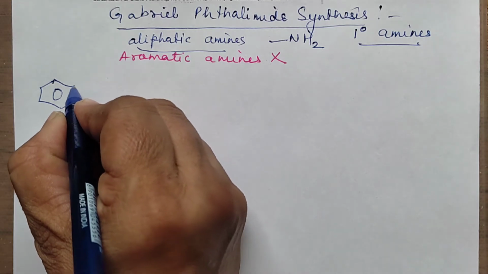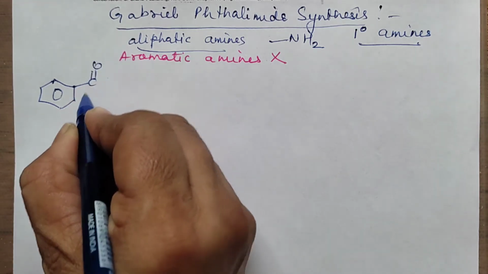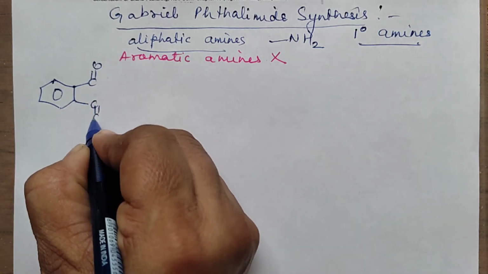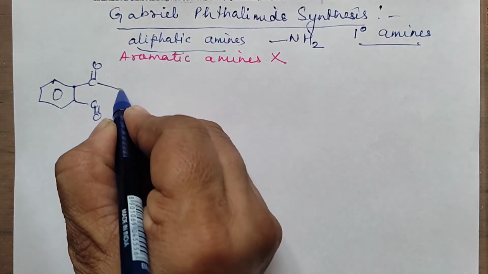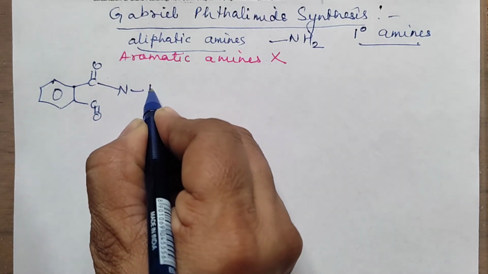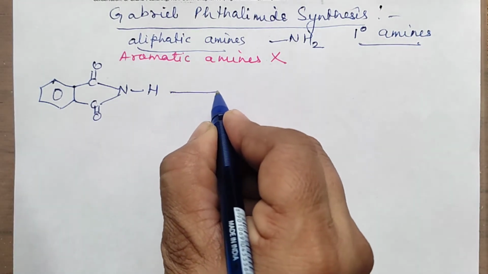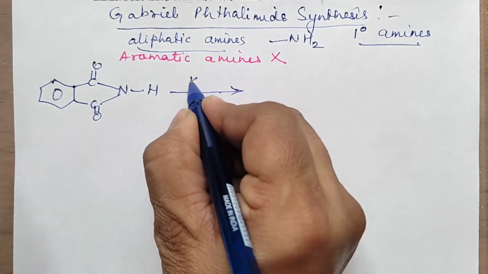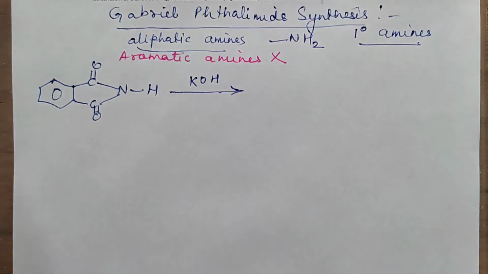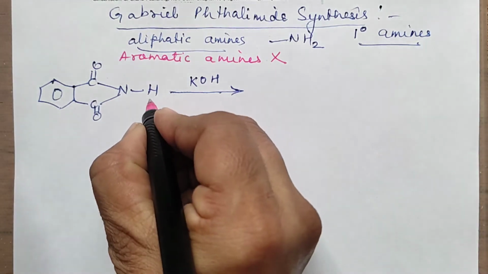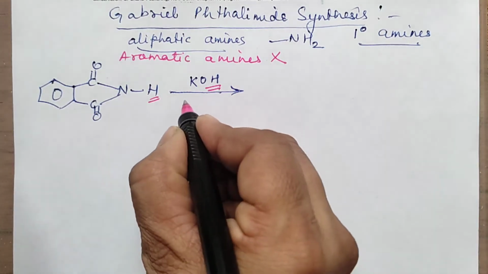Why? So what we do is, we take phthalimide. Now what is phthalimide? This is phthalimide. This is first treated with alkali, that is KOH. H and OH will come out as water.